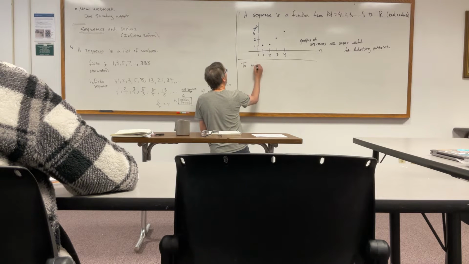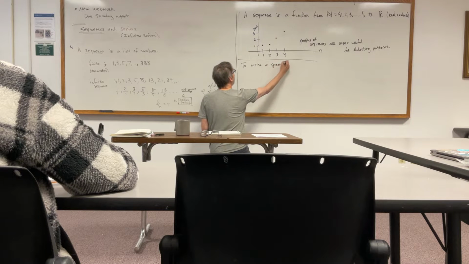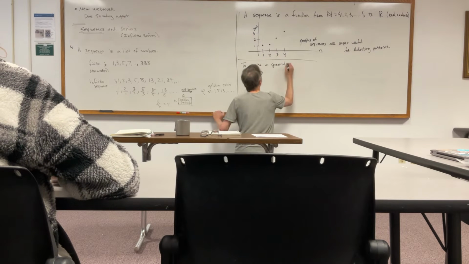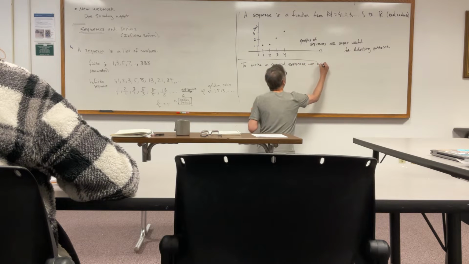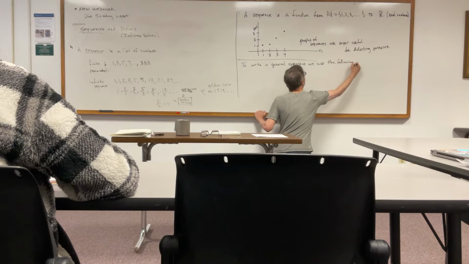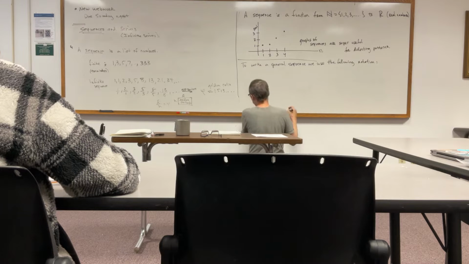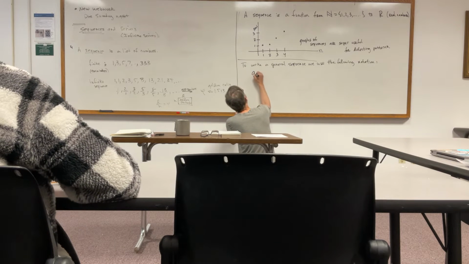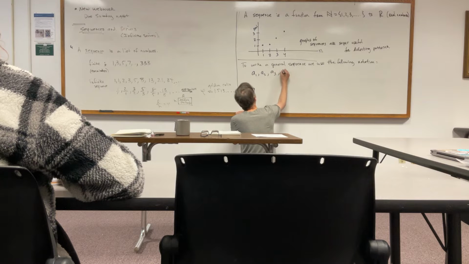To write a general sequence, and this is where things start to get a little more abstracted, we use the following notation. I would say my first term is a sub 1, a sub 2 is the second, a sub 3, a sub 4.